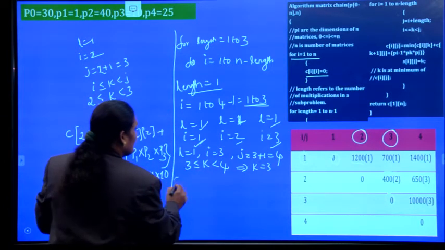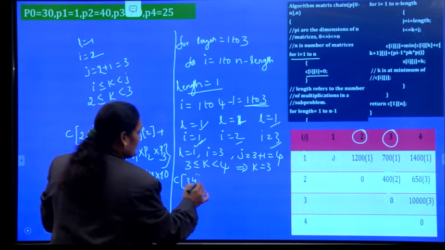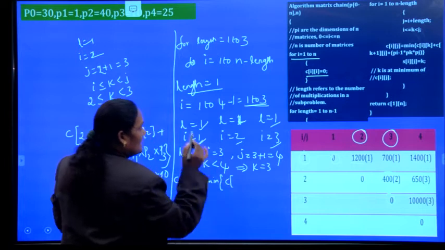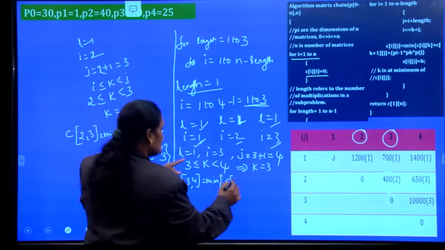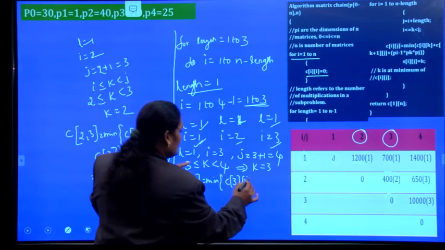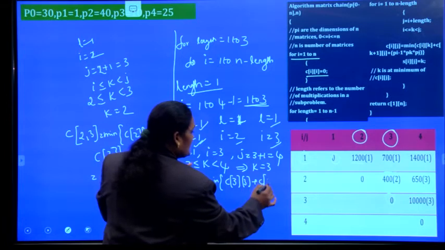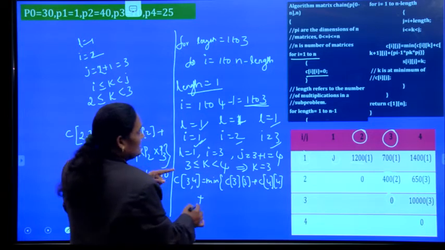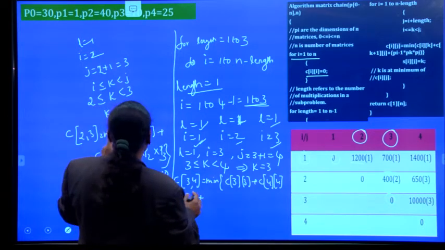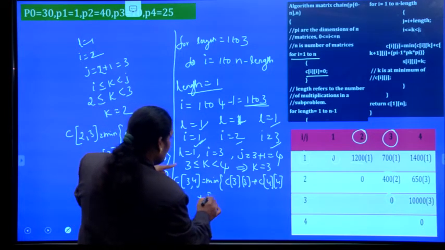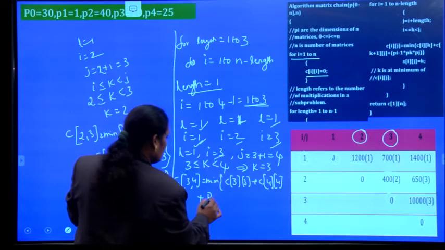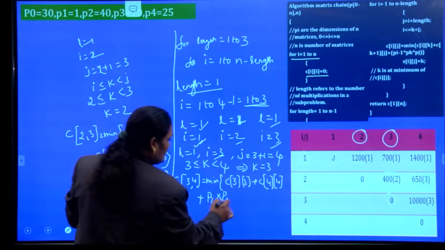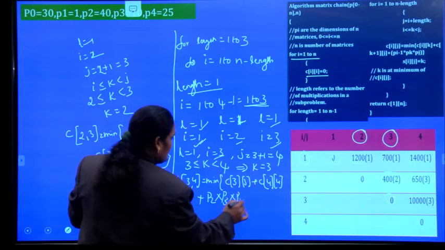Now what is the cost of 3, 4? This is equal to minimum of cost of i, that is 3, k is 3, plus cost of k plus 1 j, 4, 4, plus P i minus 1, since i is 3, P2, and P k, that is P3, and P j, that is P4.